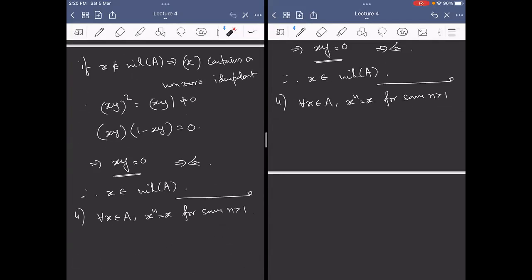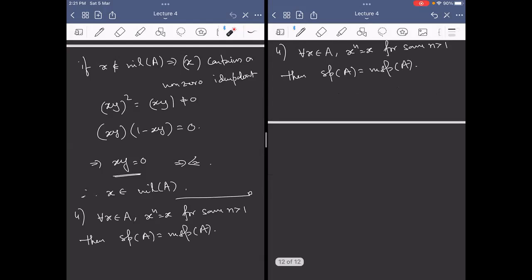This n varies over x, but at least you know that some power of x will be x itself. Then show that every prime ideal is a maximal ideal. So you need to show that the set of all prime ideals is the same as the set of all maximal ideals, and one side is clear always, like the maximal spectrum is always contained in the prime spectrum, and therefore we need to show that given any prime ideal, it is a maximal ideal.